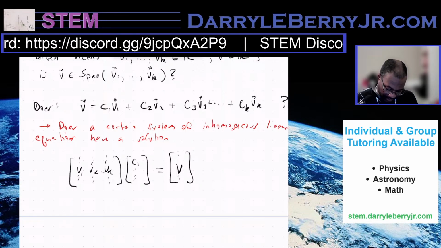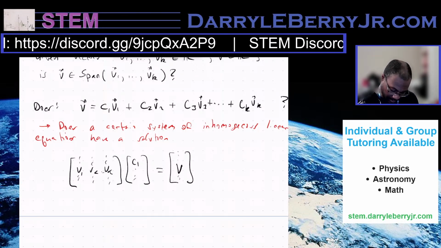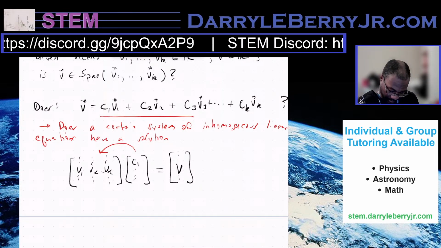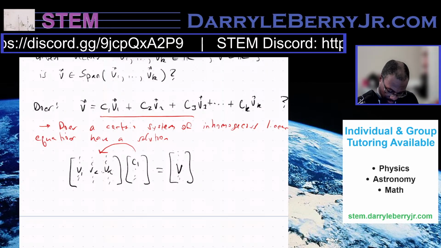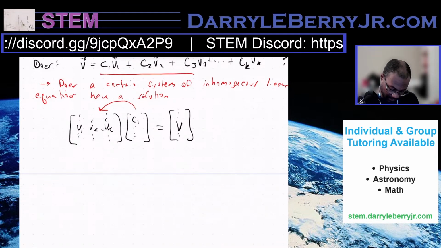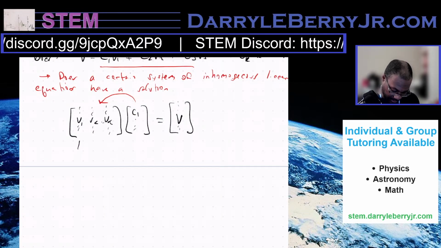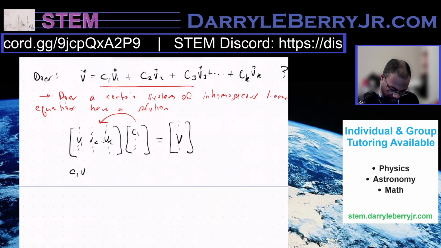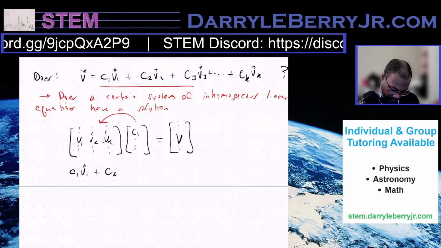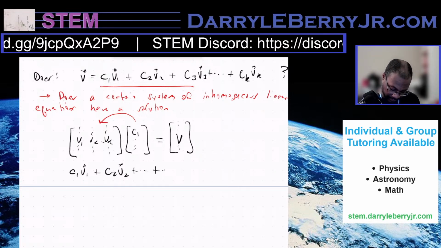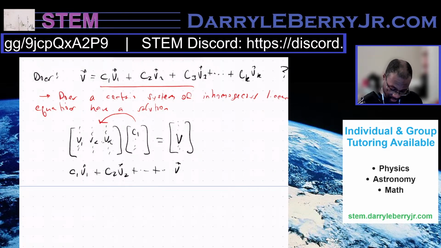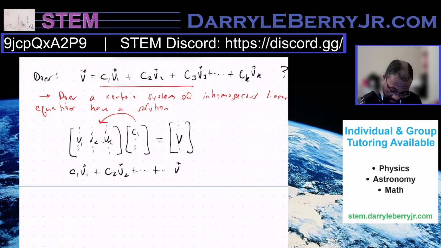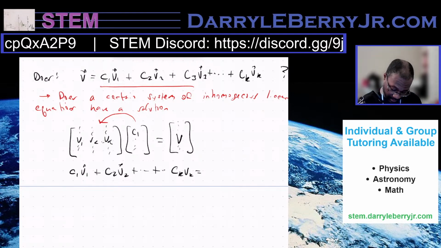So this system of inhomogeneous equations, because basically c would matrix multiply against all of those, and you would end up with this. And basically, if I was to condense all of these into one vector, we would end up with c1 v1 plus c2 v2 plus all the way on to ck vk equals v.